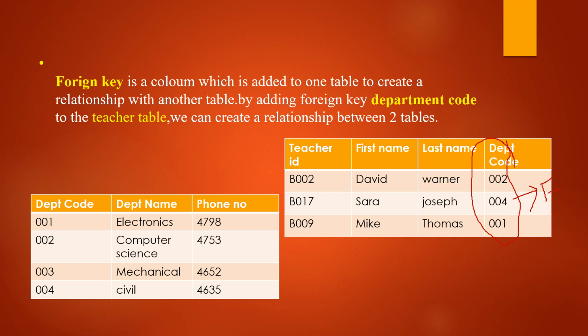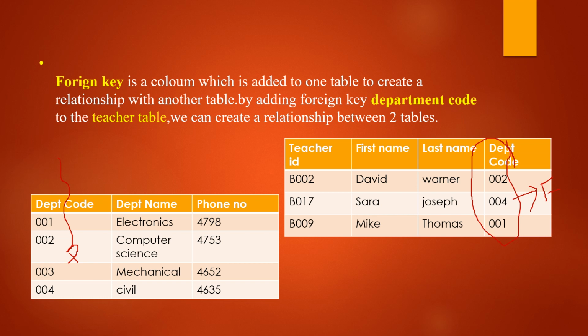This department code attribute is the primary key of the department table. So by adding the foreign key department code to the teacher table, we can create a relationship between the two tables.